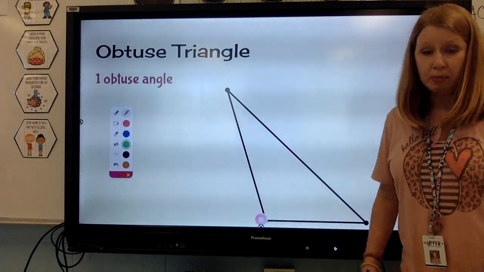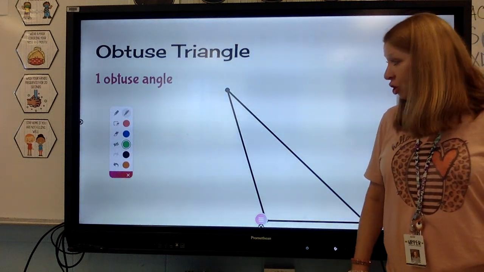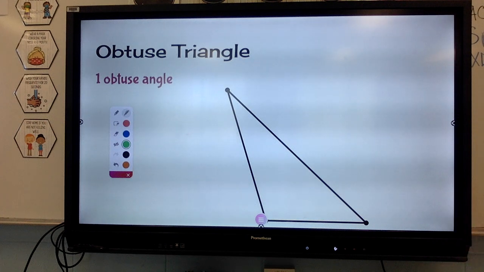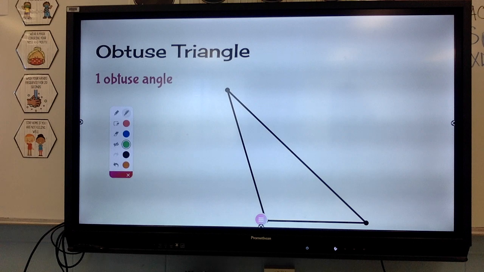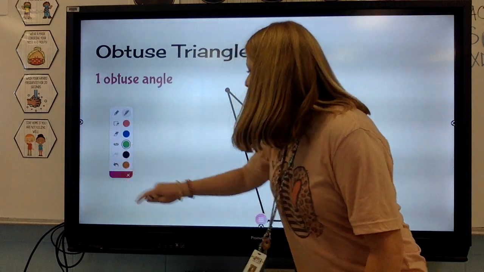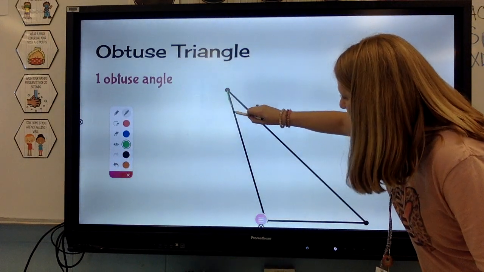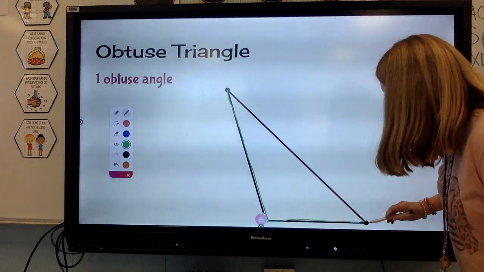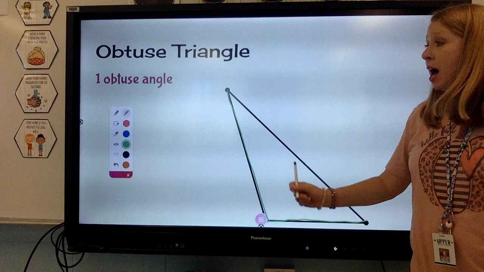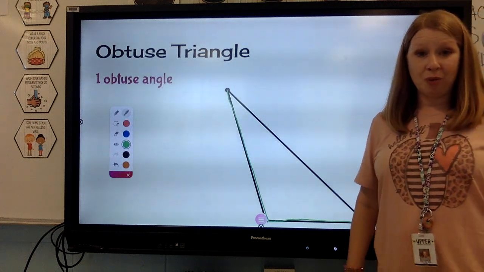Remember, obtuse means that it is more than 90 degrees. Can you look at this triangle and find the obtuse angle? Yes, you are right. It is this angle right here. That is a big obtuse angle. That means that we have an obtuse triangle.